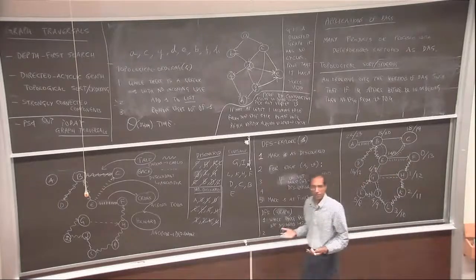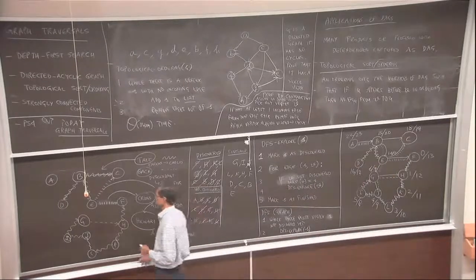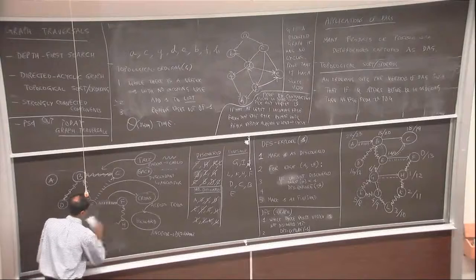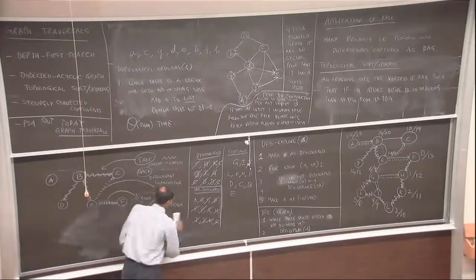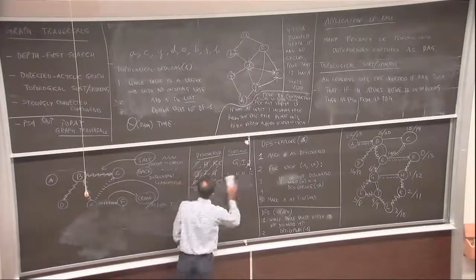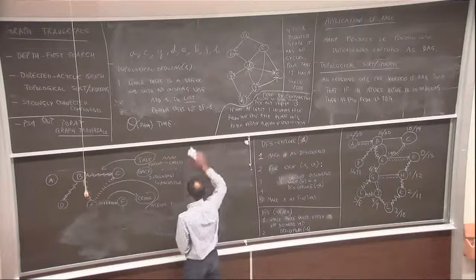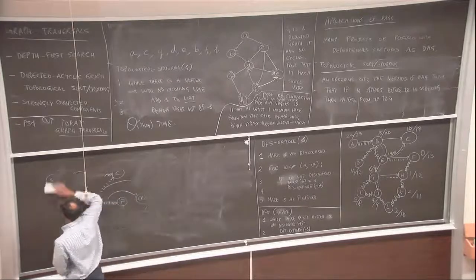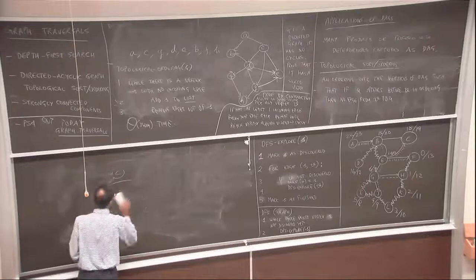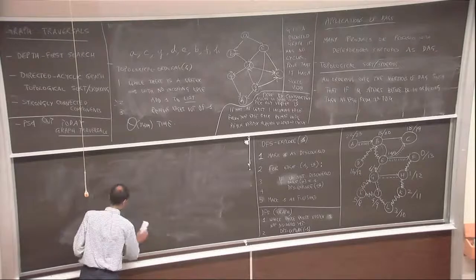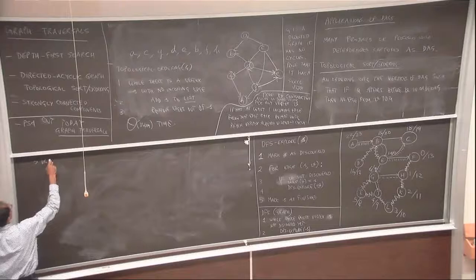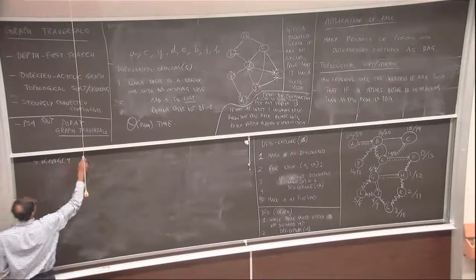If A is connected to B, B is connected to A. In a directed graph, clearly the notion of connectivity is not symmetric. So can we define a symmetric notion of connectivity? And the answer is yes. Let's define this notion of strongly connected.